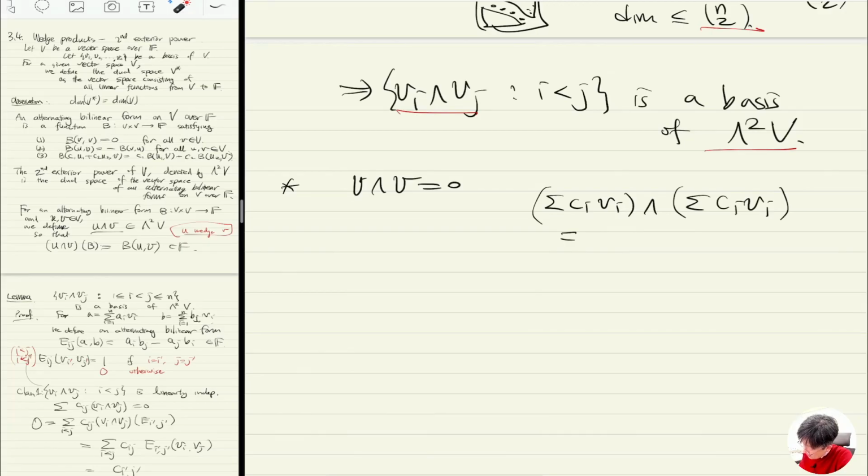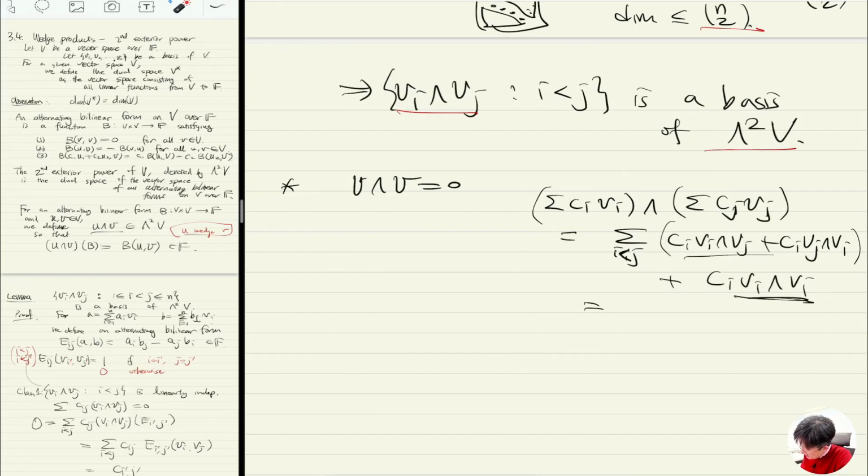Then when you expand c_j v_j, for i less than or equal to j, it's going to be c_i v_i wedge v_j minus c_i v_i wedge v_j plus c_i v_j wedge v_i plus c_i v_i wedge v_i, but this is 0 and these two cancel each other, right?